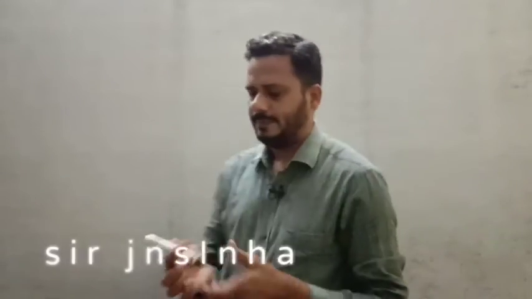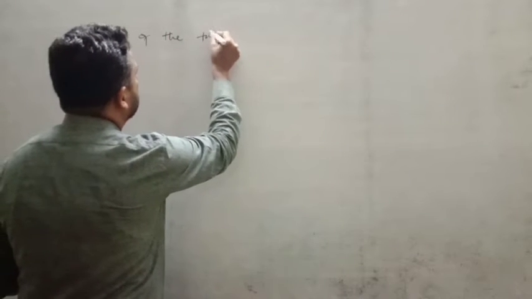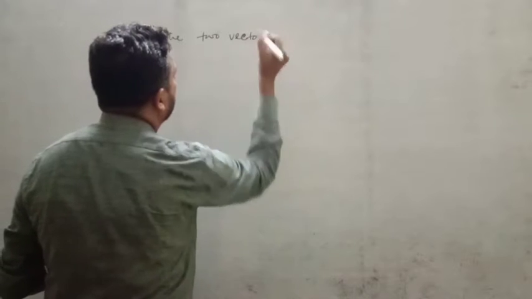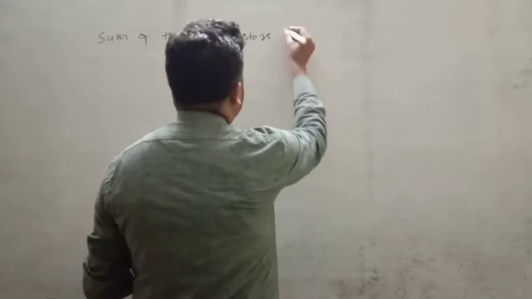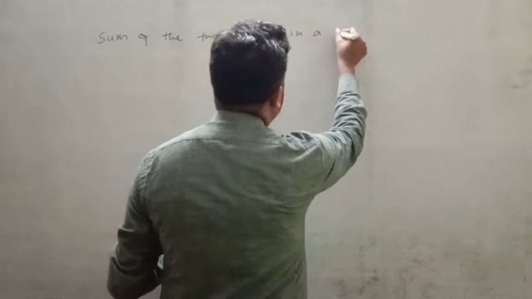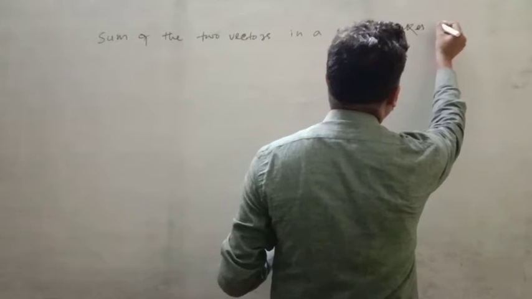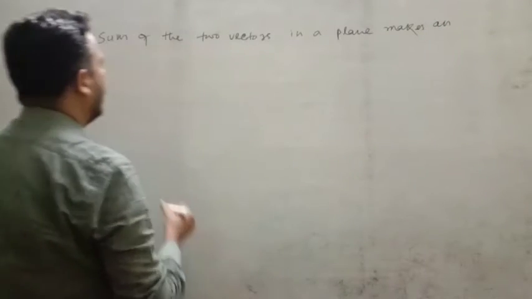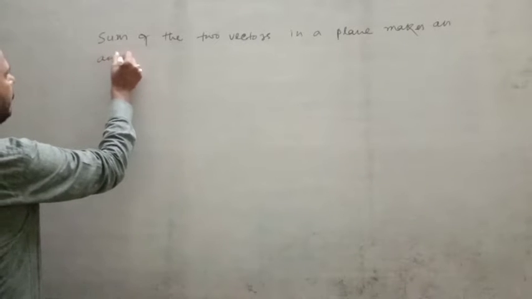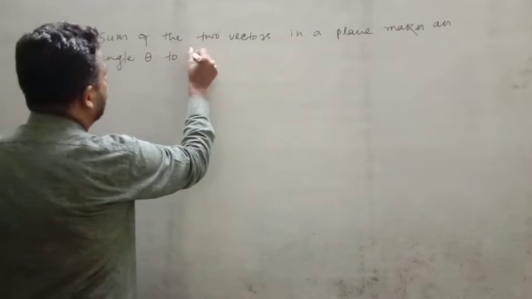Accordingly, the sum of the two vectors in a plane makes an angle theta to each other.